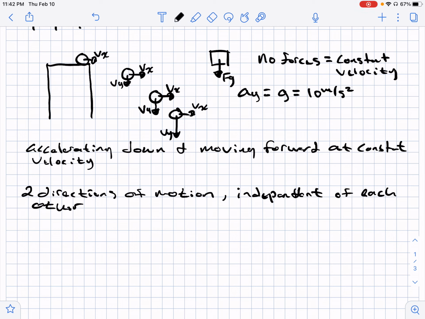So in other words, your horizontal velocity doesn't affect the vertical velocity. Okay, they're independent of each other.